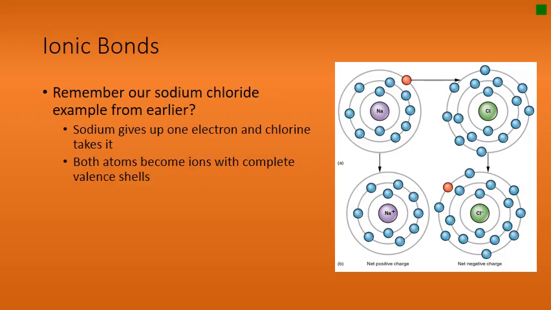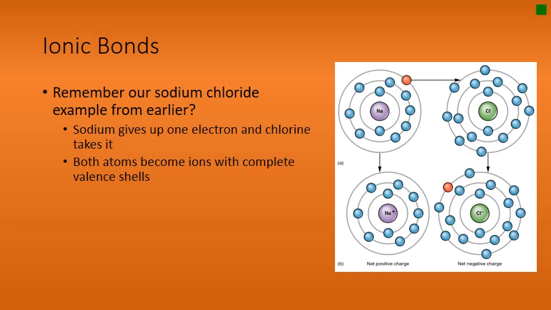Remember the sodium chloride example from the first half of Module 2. In that example, chlorine gas reacted with sodium metal to form table salt, sodium chloride. Well, that was not an example of covalent bonding.